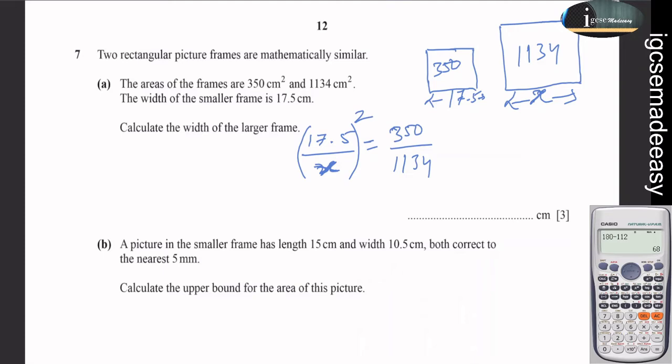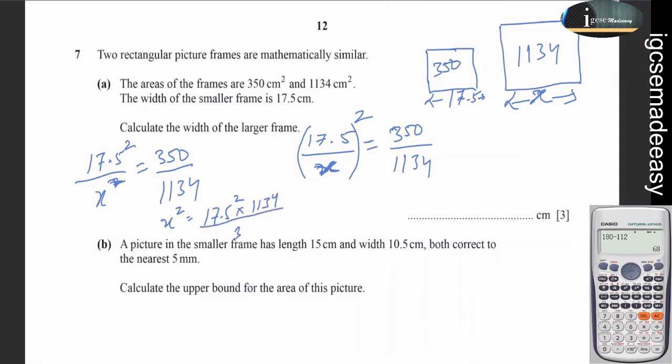You know the formula, so it can be written as 17.5 squared over x squared equals 350 over 1134. Now you can easily take out the value of x. So x squared will be equal to 17.5 squared times 1134 divided by 350. Cross multiply. To find the value of x, we have to take the square root of that.